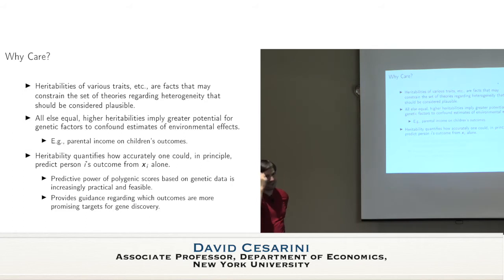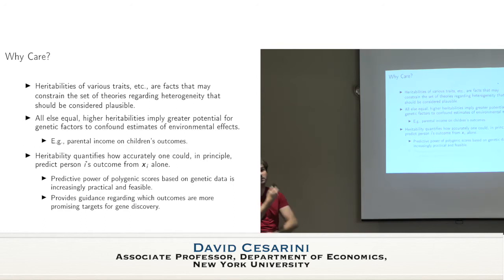The other reason to care about heritabilities is that they tell you something about how accurately you could, in principle, predict somebody's outcome from their X's. And as we'll see throughout this course, the predictive power of these scores or indices, the different fields use different labels, is increasingly both practical and feasible.